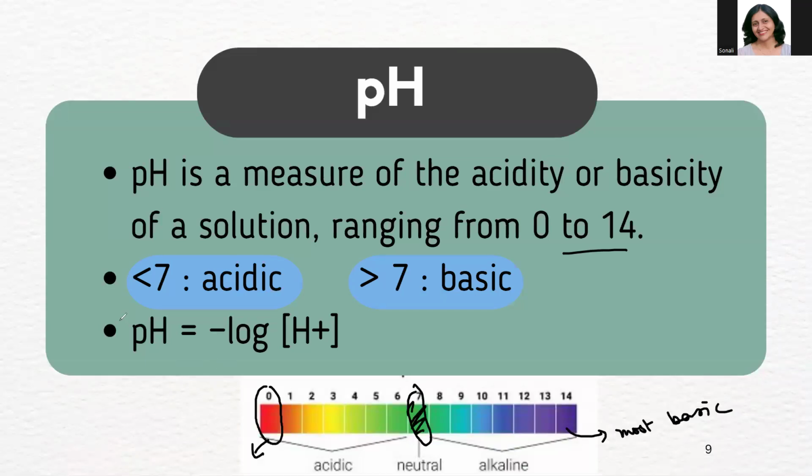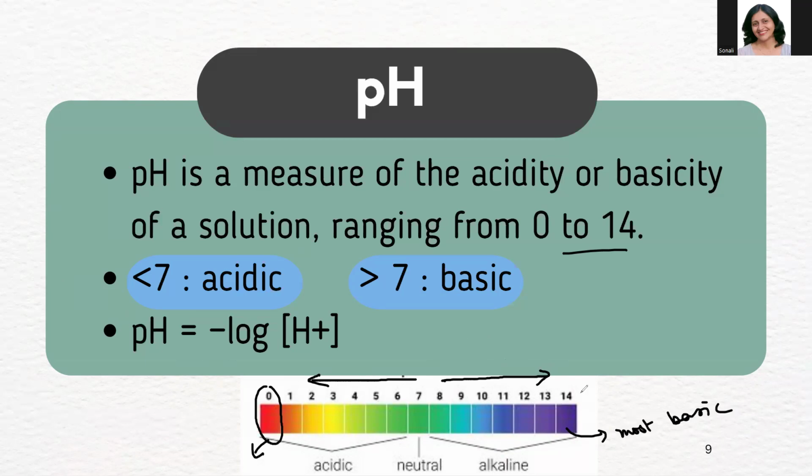The body fluids and the water we drink are nearly 7, while as you move down towards 0 the acidity increases, and as you move up towards 14 the basicity increases.